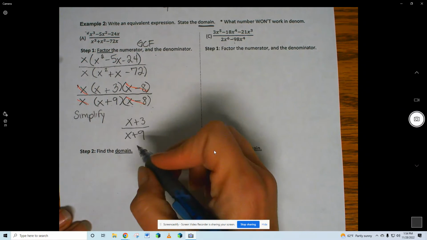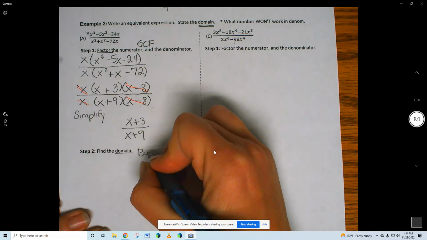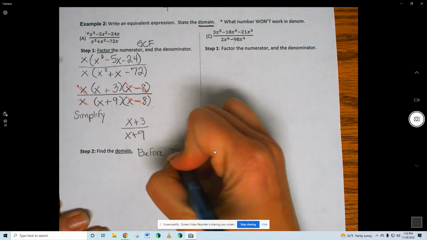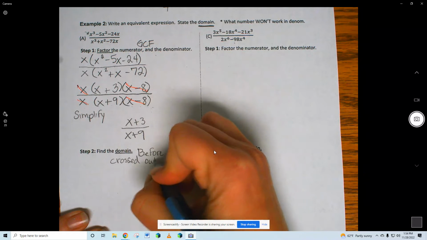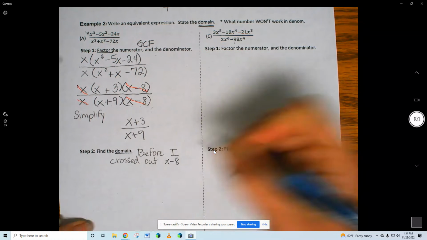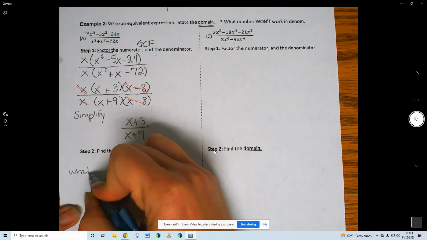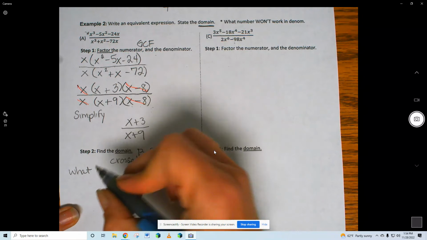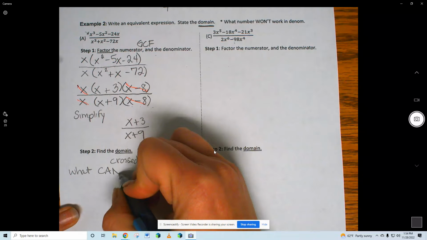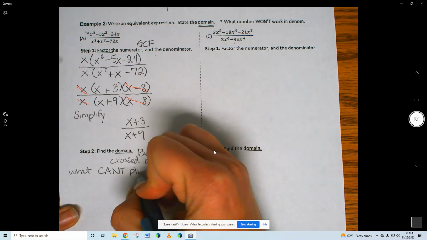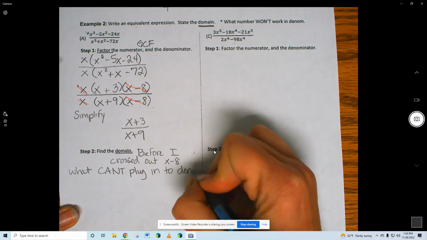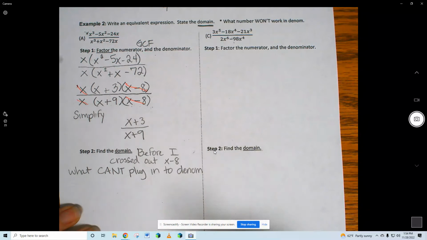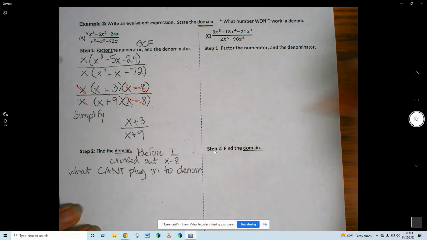Now, the domain is going to be before I crossed out the x minus 8, what can't I plug into the denominator? So it's not my final answer. It's going to be this one here that I'm looking for the domain.